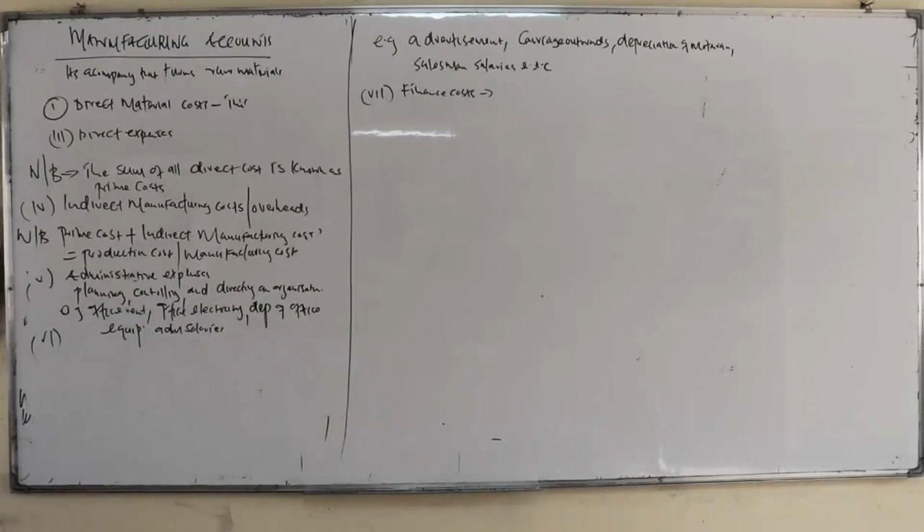Then we have indirect manufacturing costs, those costs that you cannot trace in the final product. Sometimes we call them overheads. An overhead is an indirect cost that cannot be traced in the final product. Here we have a table. So we have the material cost. You can know how much it cost to come up with this table, isn't it?